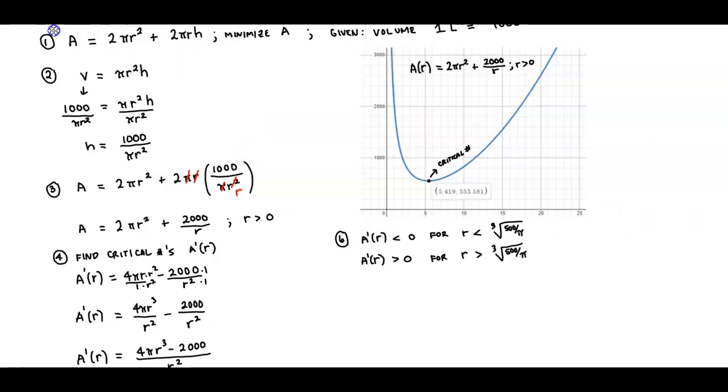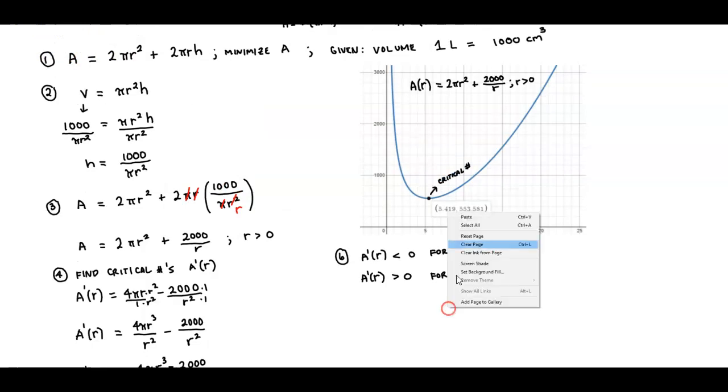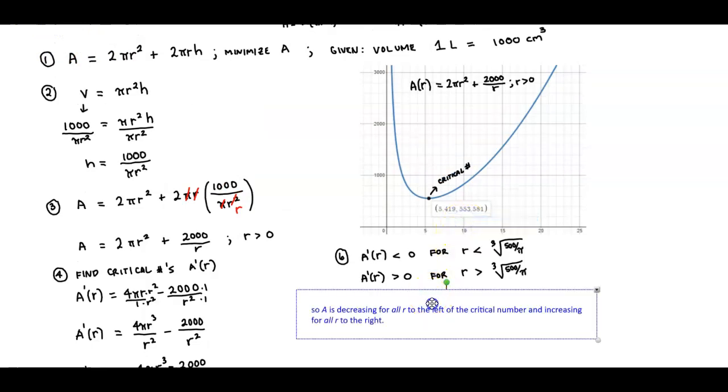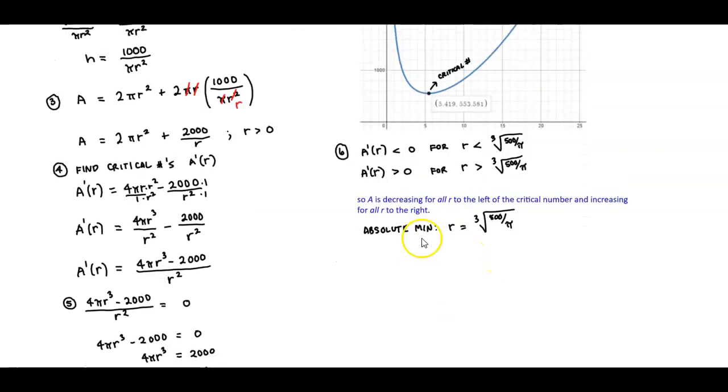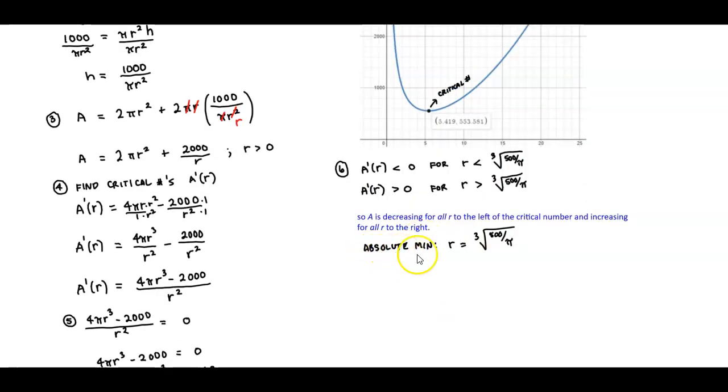So what that tells us is that the area is decreasing for all r to the left of the critical number and increasing for all r to the right of the critical number. And so we have an absolute minimum where r is equal to the cube root of 500 divided by pi.